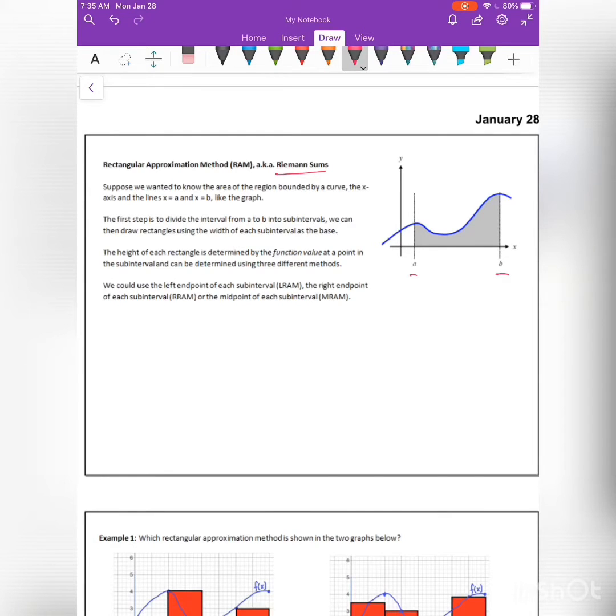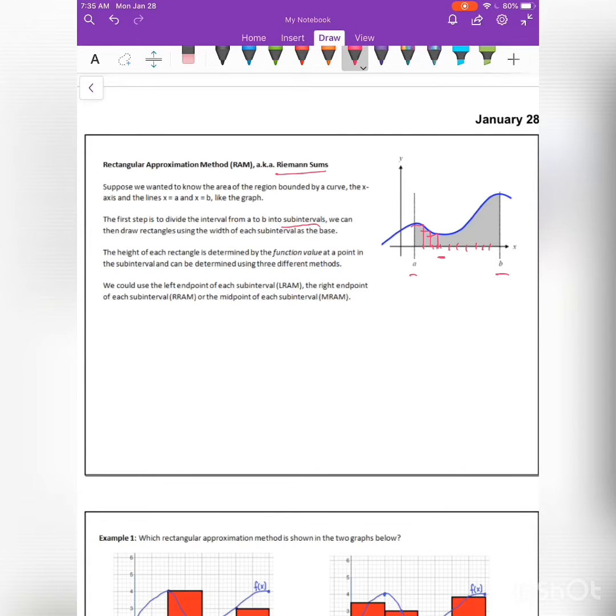So what we do is we take this interval from A to B and divide it up into something called subintervals, and then we can draw a rectangle at each one of those subintervals. We divide this up however many times, and the problem will always tell you how many times to divide it up, and then we basically make a bunch of rectangles to approximate this area.